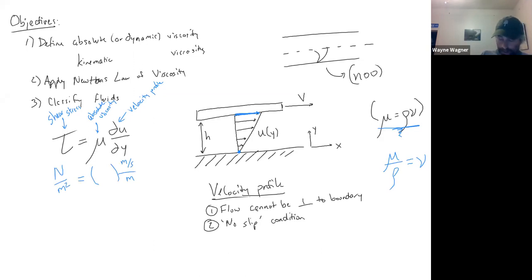So if I rearrange this, I'm going to get 1 over seconds equals newtons per meter squared. And if I rearrange this, I'm going to say, well, this really should be square brackets to say units, because that's what we're doing right now. So I'm going to get newtons times seconds per meter squared equals the units of viscosity.